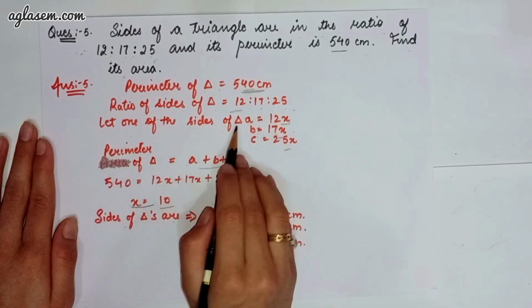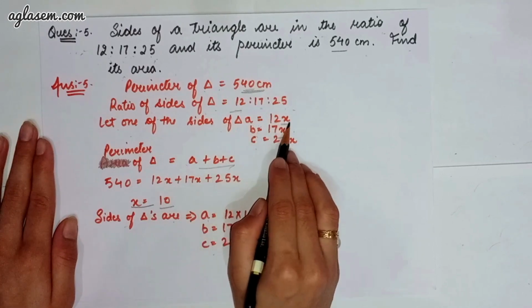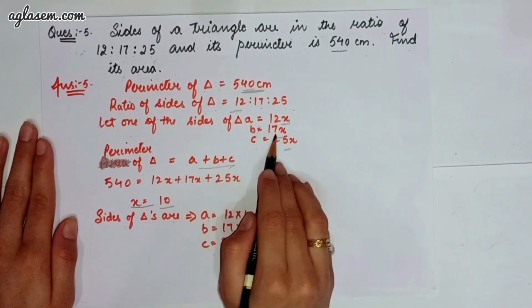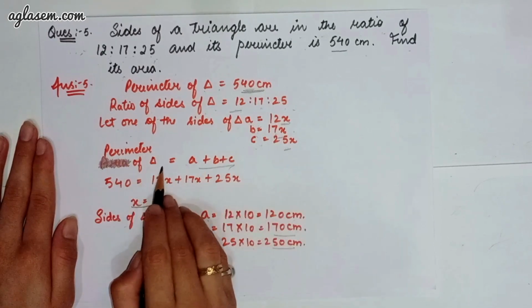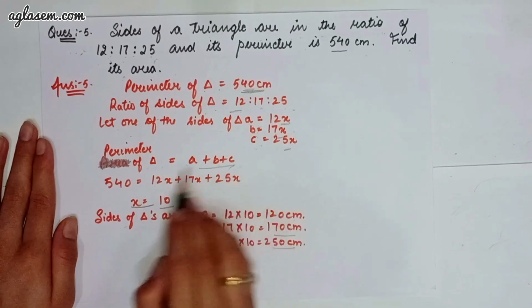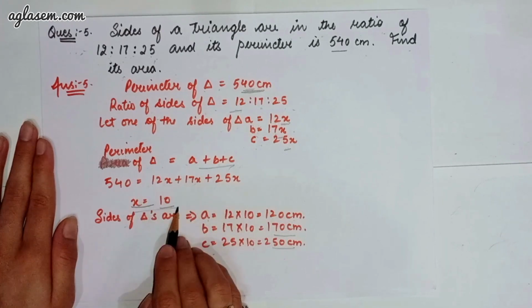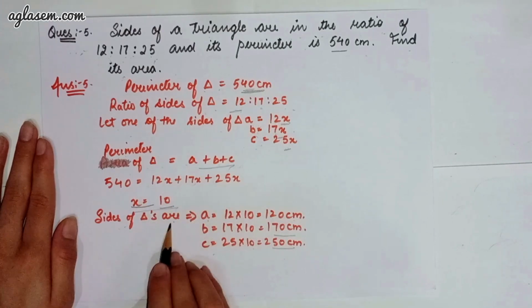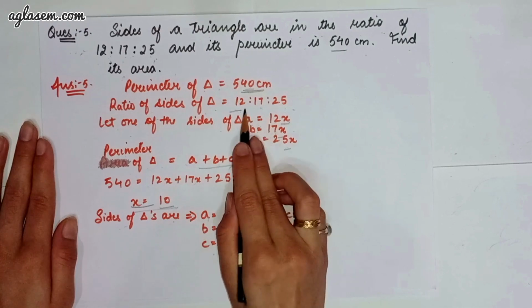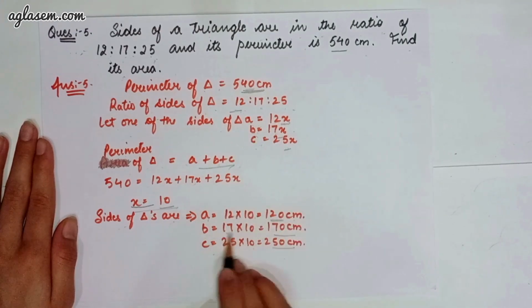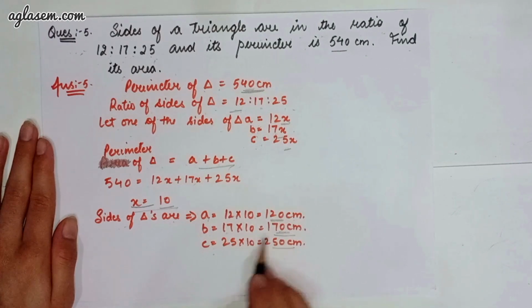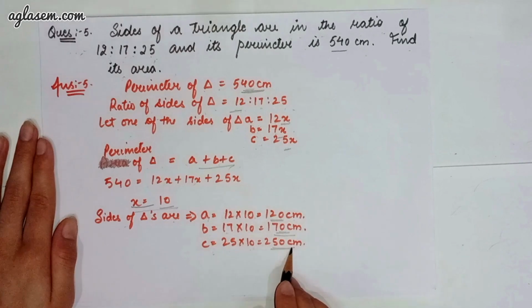So let one side of the triangle a be 12x, b be 17x, c be 25x. The perimeter a plus b plus c, by applying the values, we will get x as 10. So the sides of the triangle are a, that is 12 into 10, which gives you 120; b, 17 into 10, which gives you 170; c, 25 into 10, which gives you 250 centimeter.